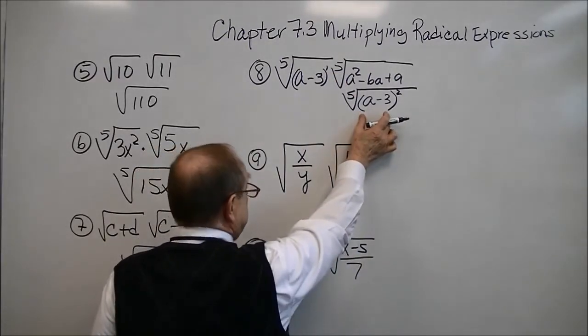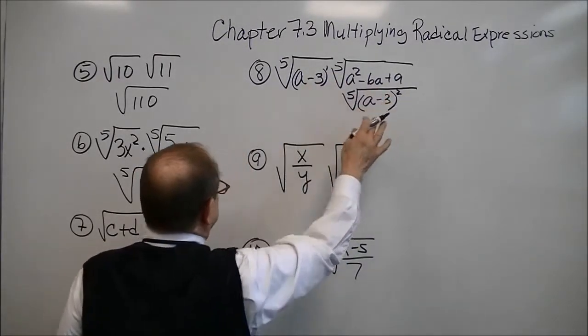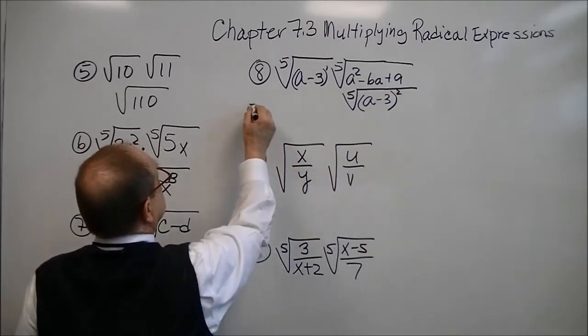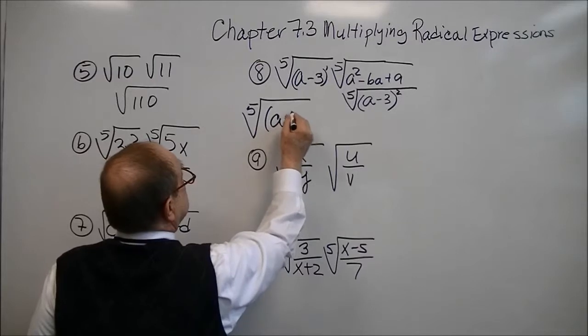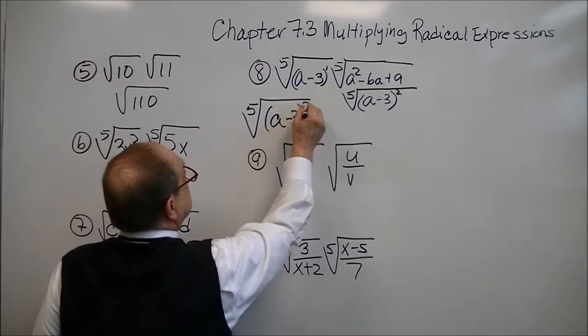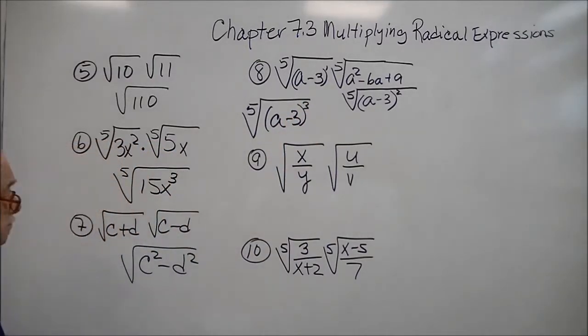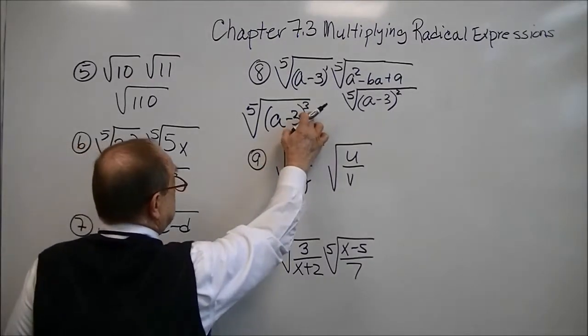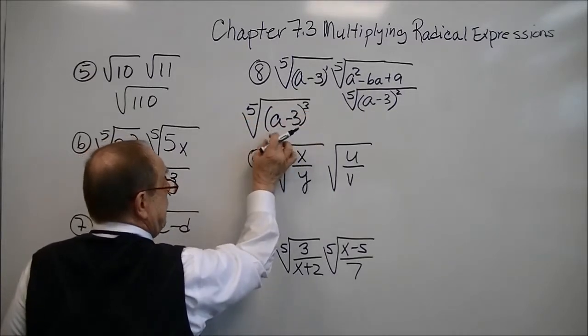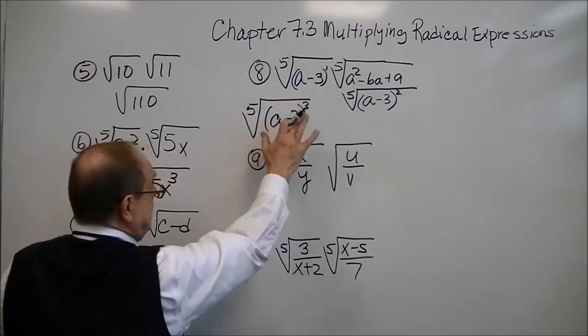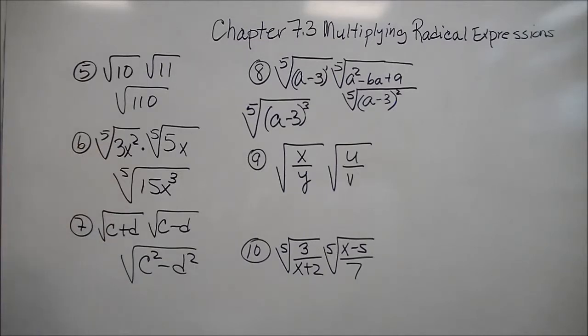Now you have two of them. When you multiply this together, it's going to be the fifth root of a minus 3 to the third power. Now, if for some chance we ever got to the fifth power there, then we could take the fifth root of that and it would just be a minus 3. But it's not there yet.